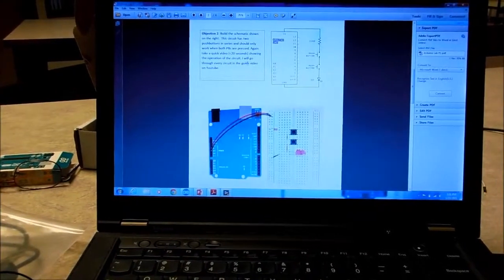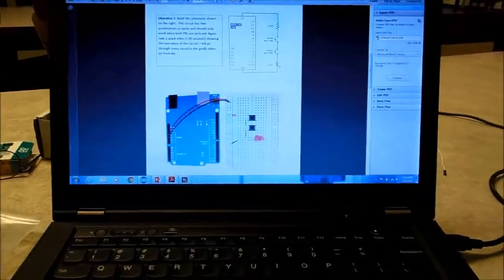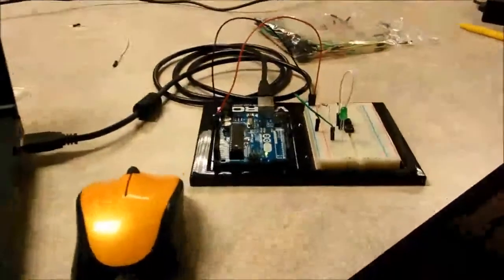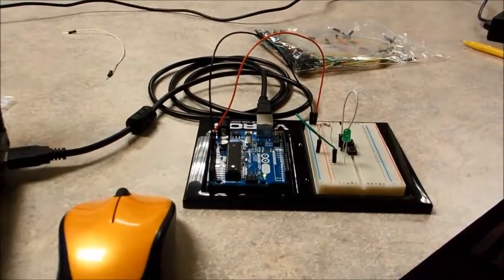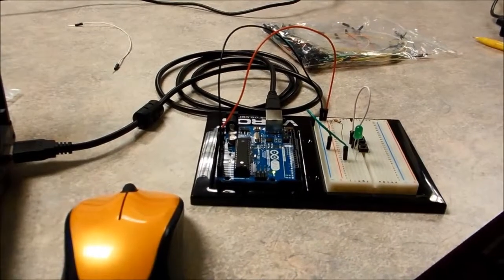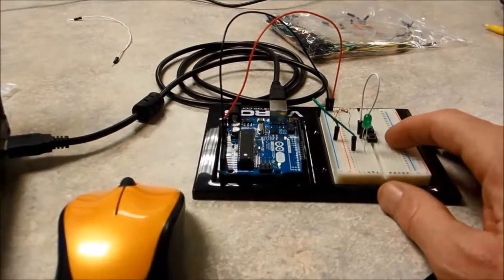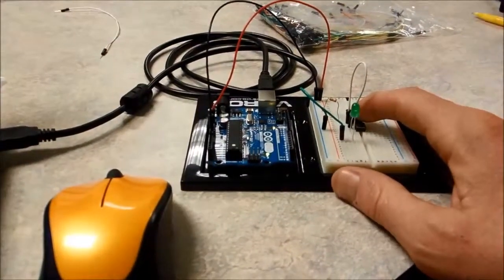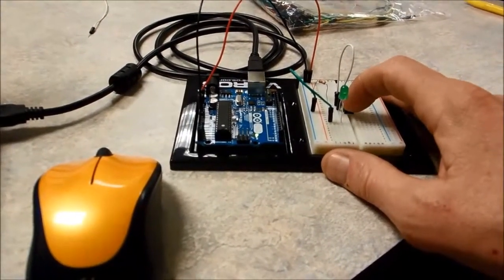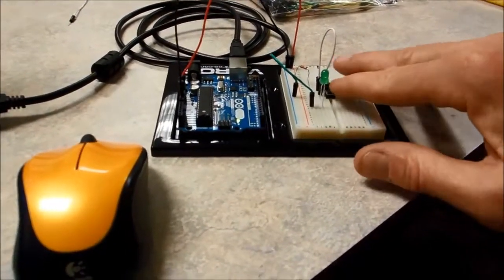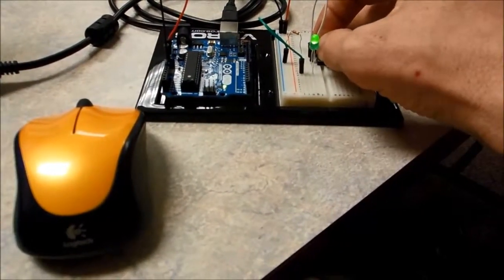Alright then, here's the second lab setup, and that's what it looks like. 2 switches in series, and there's the circuit now with 2 push buttons. Again, you can see the little heartbeat monitor beeping on the proto board, and here is 1 switch, second switch, and then both of them, we get an LED.